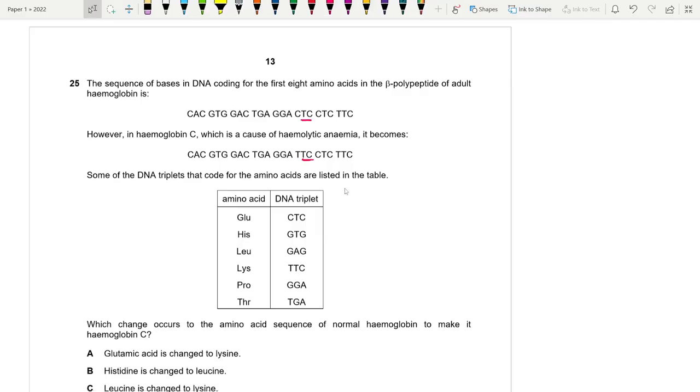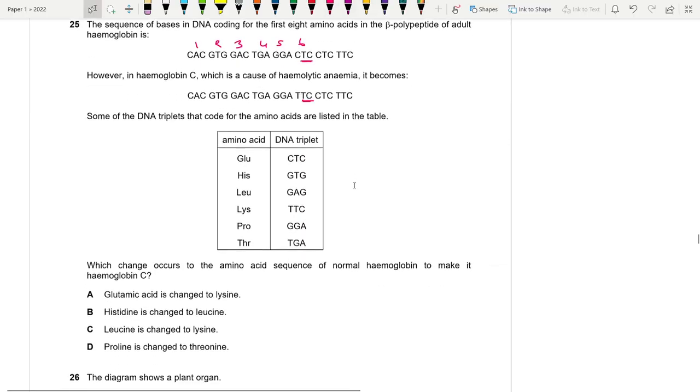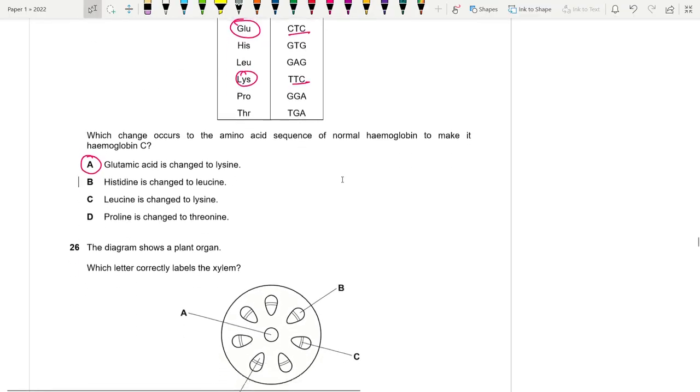Here, 1, 2, 3, 4, 5, 6 amino acids. CTC becomes TTC. Which change occurs to the amino acid sequence of normal hemoglobin to make it C? Basically, this C is converted to thymine. So CTC to TTC. The normal amino acid glutamic acid turns to lysine. 25 is A. In sickle cell anemia, glutamic acid turns to valine.